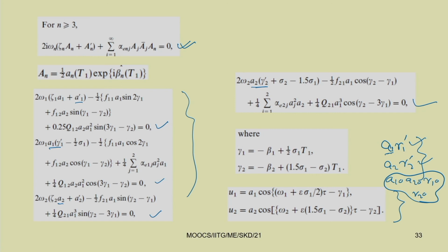If you perturb this, the first term will be delta a1 into gamma 1 dash, and the second term will be a10 into gamma 10 plus delta gamma 1 dash. As this is multiplied with this one, this term will be 0. For the trivial state, these terms will no longer be there.